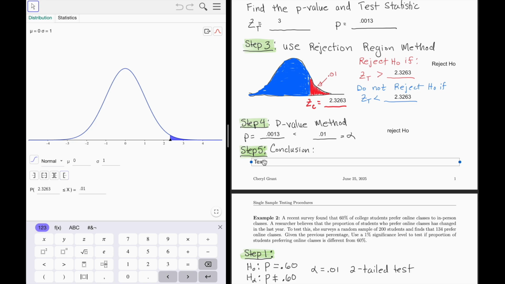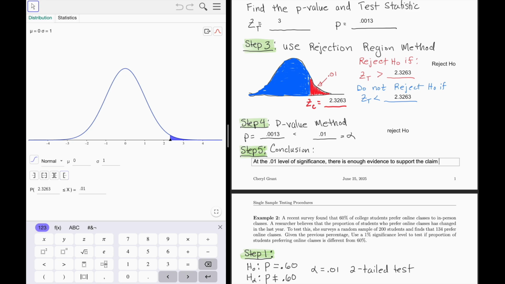Since we do reject the null hypothesis, there is enough evidence to support that the alternative hypothesis is true. So we're going to say at the 0.01 level of significance, there is enough evidence to support the claim.